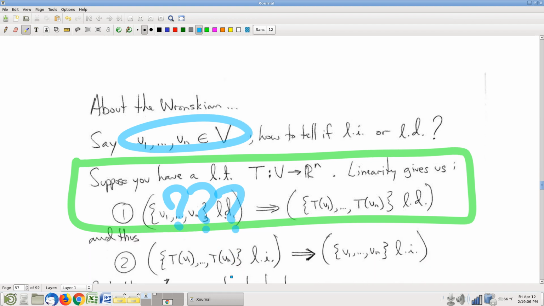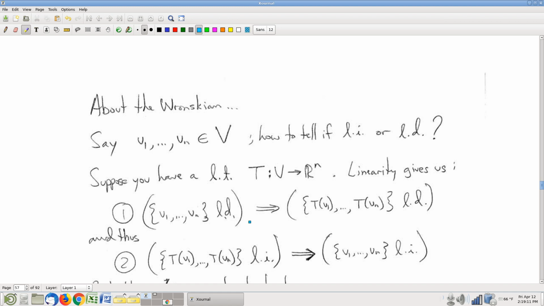I hope you all remember this construction called the contrapositive. I use this a lot. It's very useful in lots of situations in math. The contrapositive of this implication is this implication here. Our starting statement: dependent inputs gives you dependent outputs.